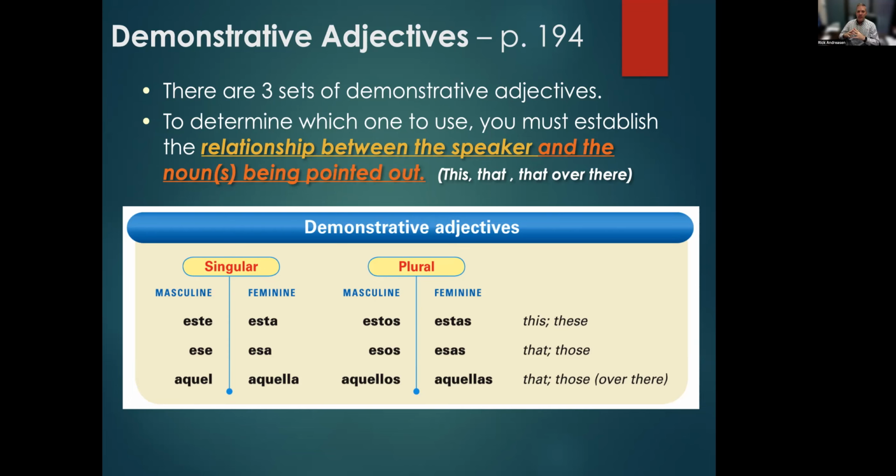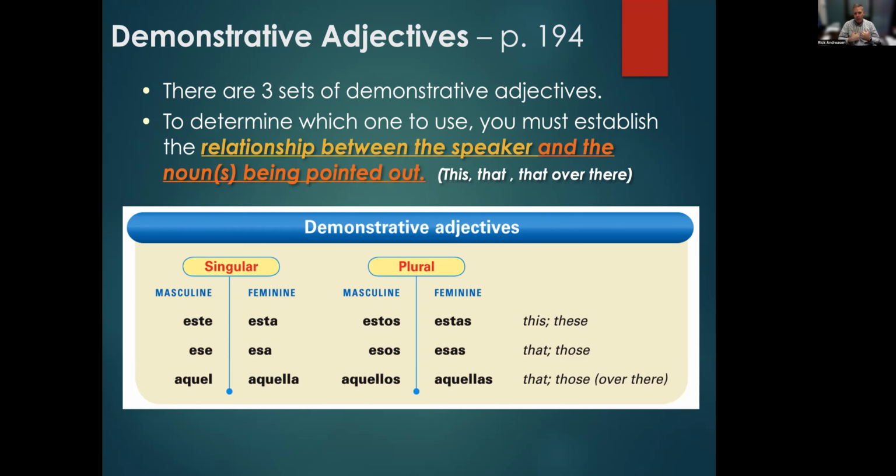Now notice what it says up in the second bullet point, the relationship between the speaker and the noun. So if I'm talking to you and you're 100 yards away, but I'm trying to say that one over there, that's regarding me. And so I'm going to use aquel, even though for you it's right next door, it's right there.